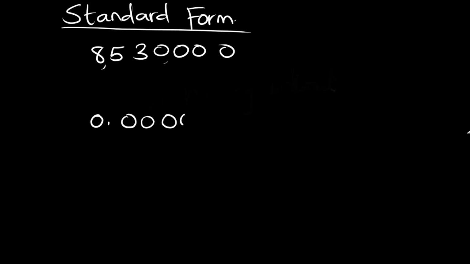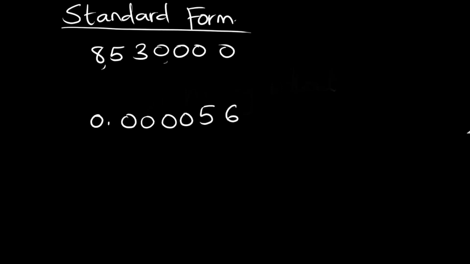Like for example, imagine this number. Let's say 853, okay, so this is 8,530,000. This is a very large number. We can also talk of a very small number, like let's say 0.000056.